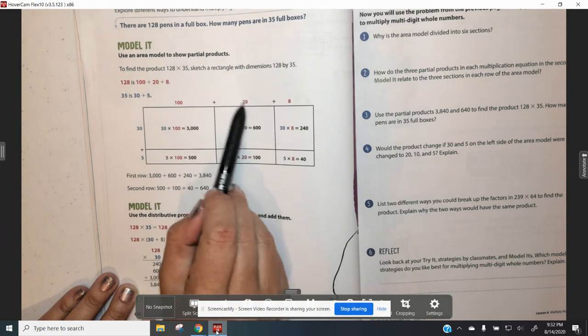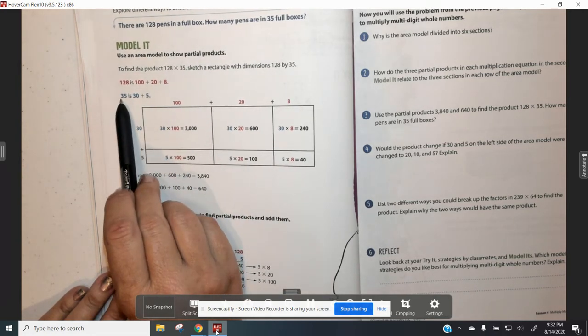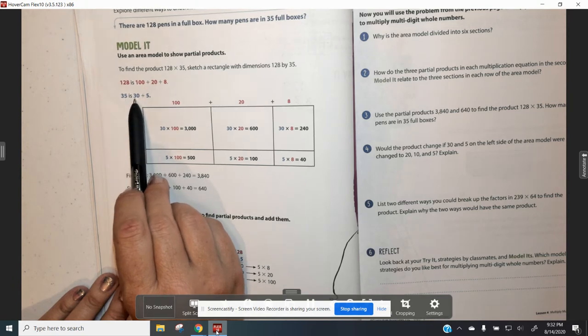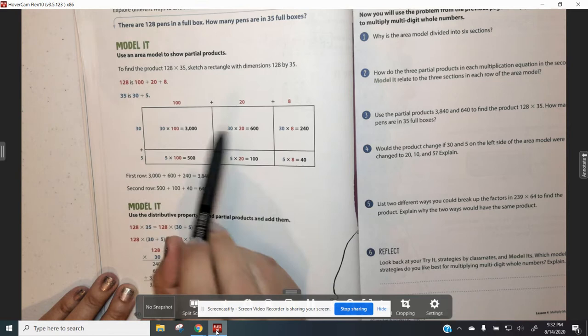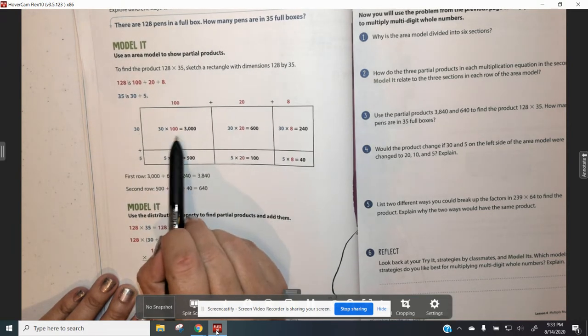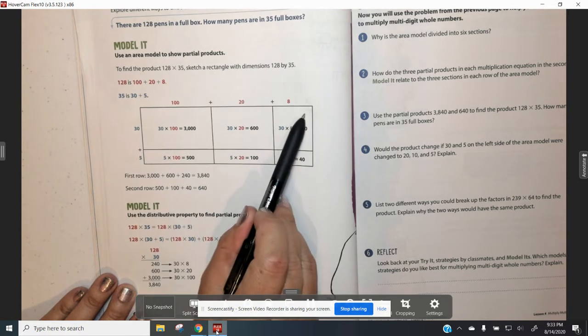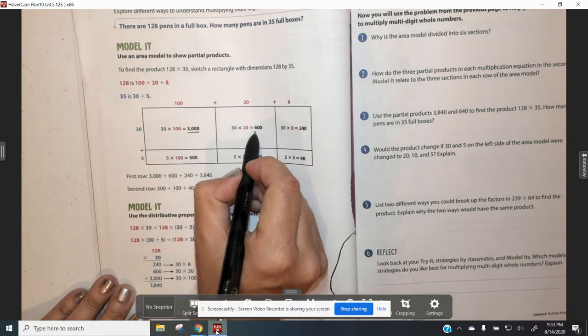They put 100, 20, and 8. And then on this side of the area model, they wrote 35 in expanded form, which is 30 plus 5. So we wrote 30 here and then 5. Then they went through and they multiplied 30 times 100, 30 times 20, 30 times 8. And then they got their partial products.